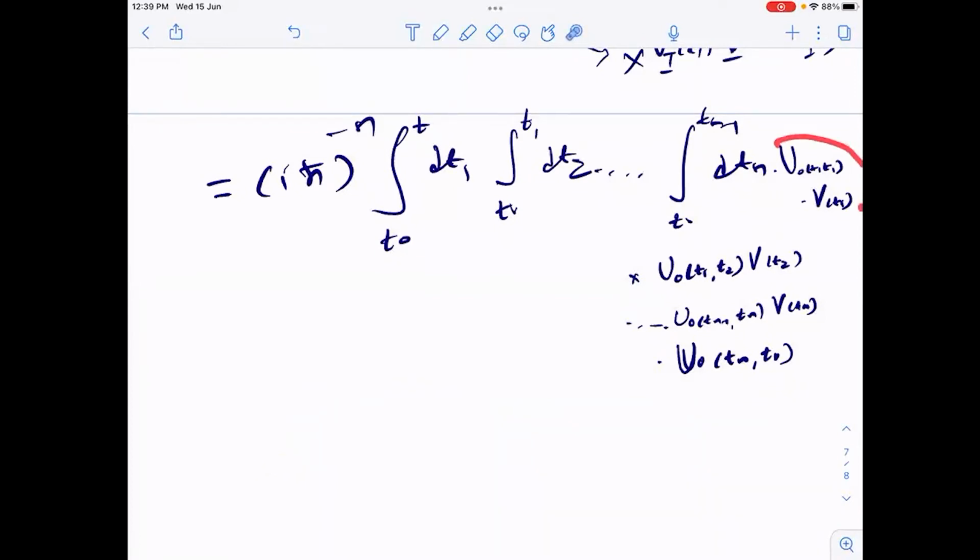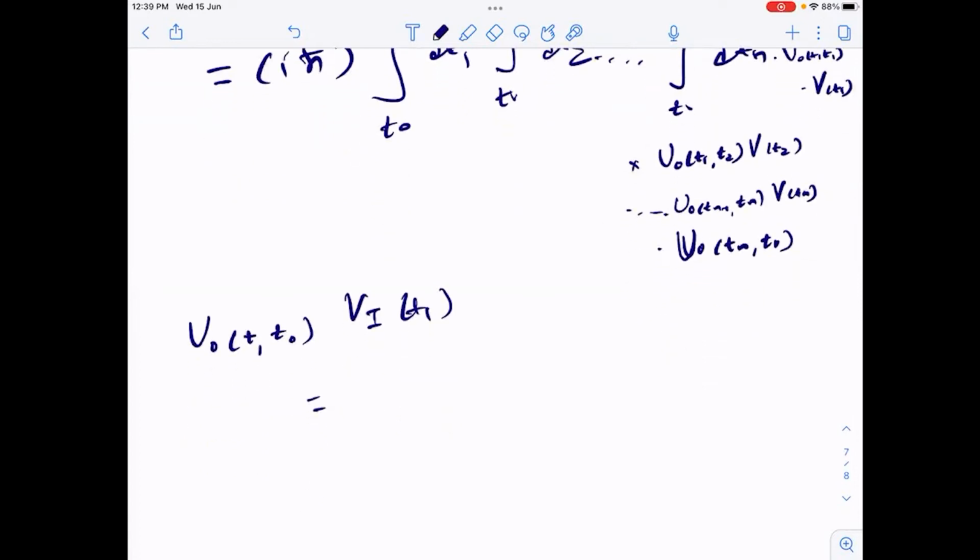Let's begin with here first. So that is U0 T0 into Vi T1, right?